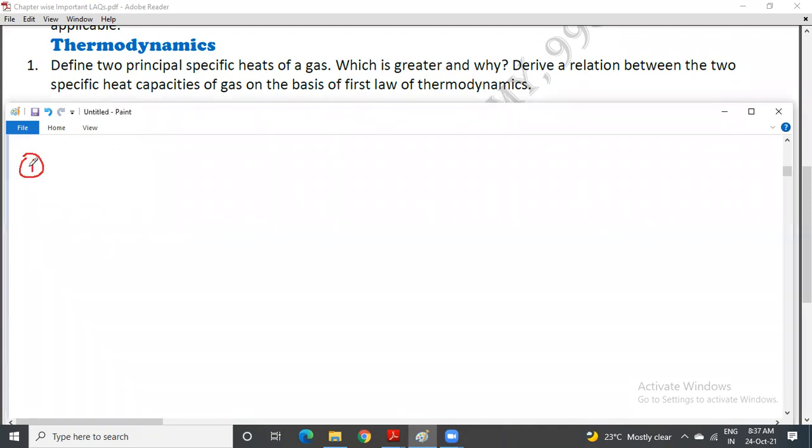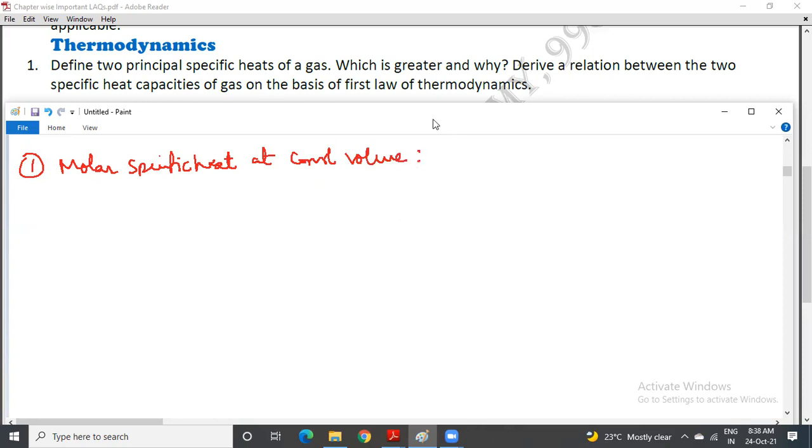So first one, molar specific heat. This is the first specific heat, molar specific heat at a constant volume.